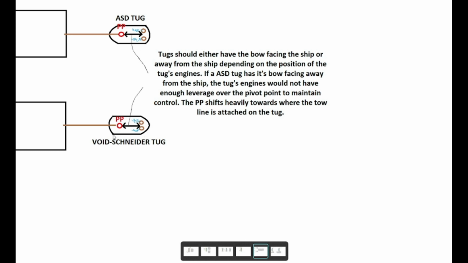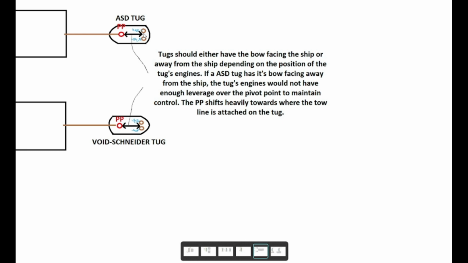And this is because with tugs, the pivot point moves extremely close to where the tow line is connected. And so if you have these vessels flipped the other way around, and say the ASD tug has a tow line connected near the stern, you can see that there won't be much leverage between the pivot point and the engines.